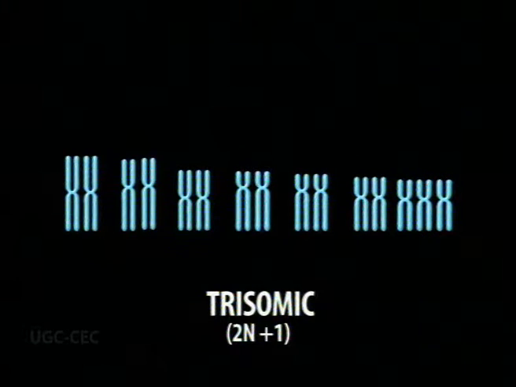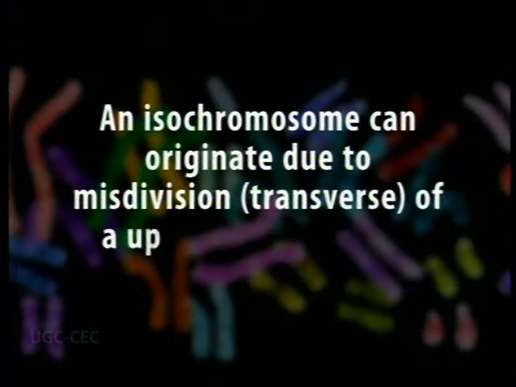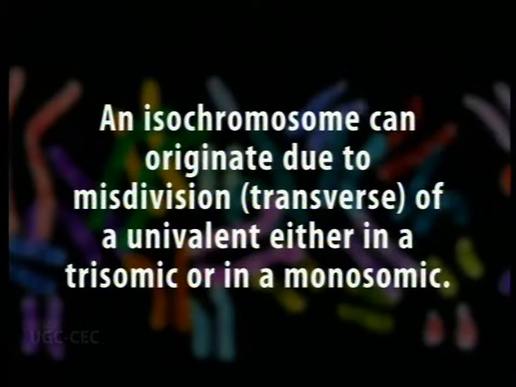Then as far as the secondary trisomic is concerned, which I said that the extra chromosome is an isochromosome. This isochromosome is basically formed when they are in a trisomic which has an extra chromosome, or a monosomic which lacks a chromosome.